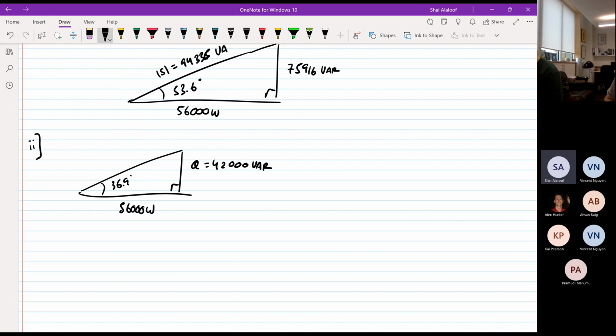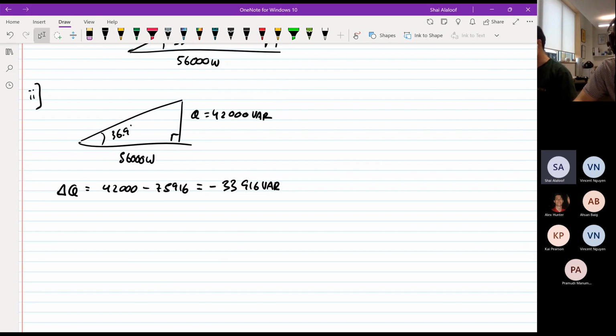From here, you can calculate the change in reactive power, which is what you end up with minus what you started with. So you've actually gone down 33,000 reactive volt amps, or volt amp reactive. And that's all due to the capacitor. The next equation I've just kind of memorized.